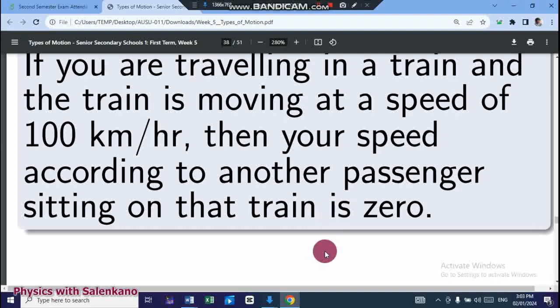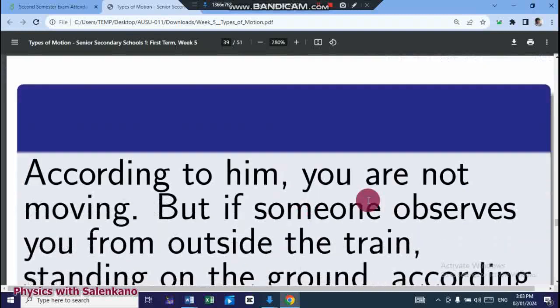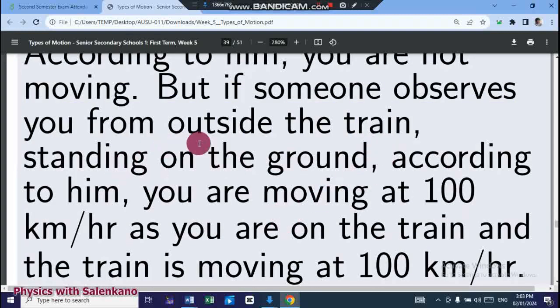So you have a zero speed. But if someone observes you from outside the train standing on the ground, according to him you are moving at 100 km/h.